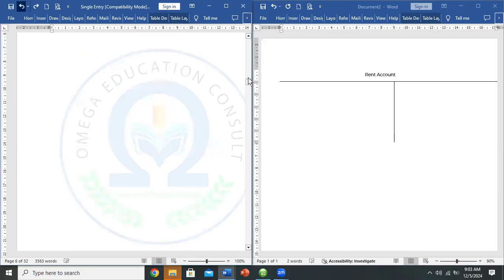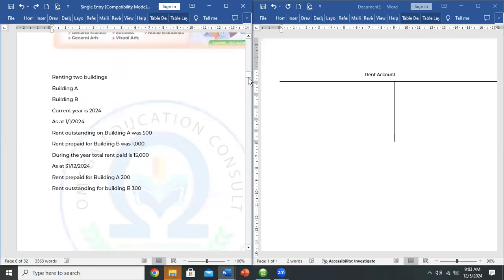If you want to prepare your account, you need to appreciate the opening balance. However, the opening balance could be a prepayment or an arrears or outstanding. So let's look at the information given here. We're told at the beginning of the year 2024, Ella, you have a question.